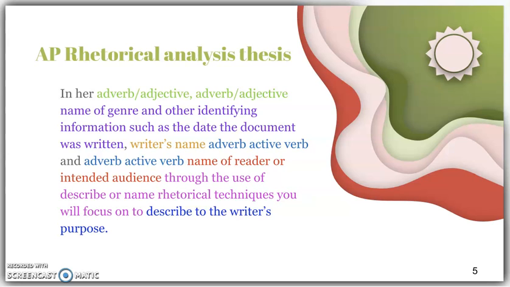And that's not to say that you can't absolutely use elements of the SOAPSTone to be able to write your argument, like one of your paragraphs, for example, might be specifically talking about the audience, but chances are you'd also be talking about ethos, pathos, or logos when trying to talk about the audience, because it would be hard to argue, hey, this person is very specific in their audience, without talking about how they specifically swayed the audience into one feeling or another.